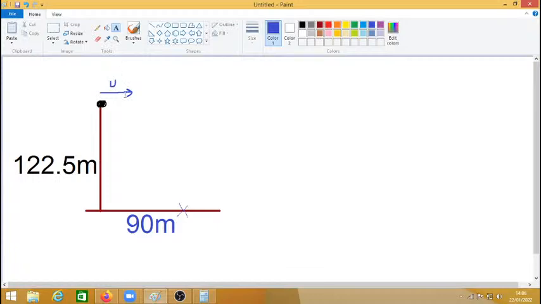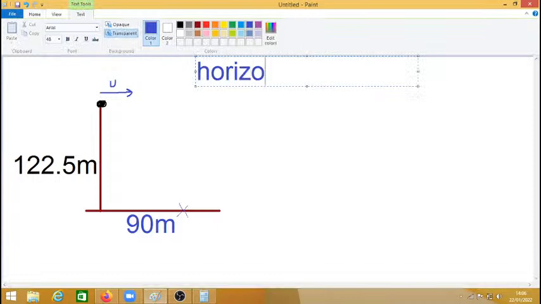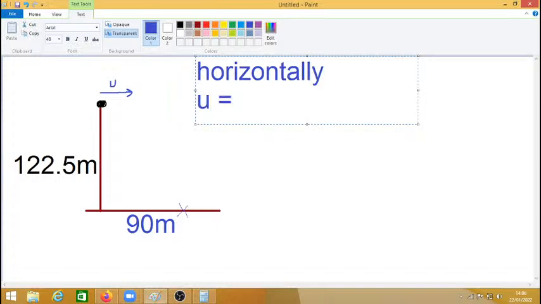So let's take a look horizontally first and see what we know and what we don't know. Probably we're going to end up needing to go vertically, but let's just take a look horizontally. Horizontally, the initial speed is unknown, so we're just going to say it's u. There is no acceleration horizontally. That means that v is unchanged.